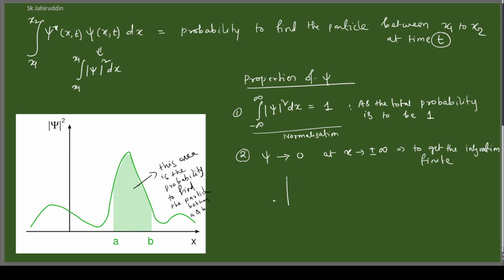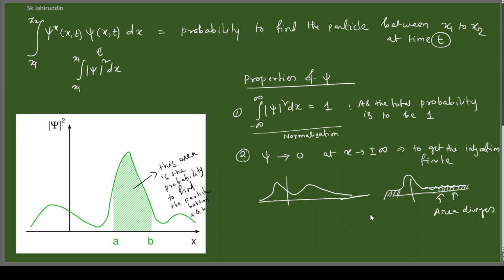So if you have any psi, whatever the psi behaves here and there, psi has to go to 0 as x increases. If your psi has some finite value, or something vibrating but having some finite value, and this goes on and on, the area diverges.